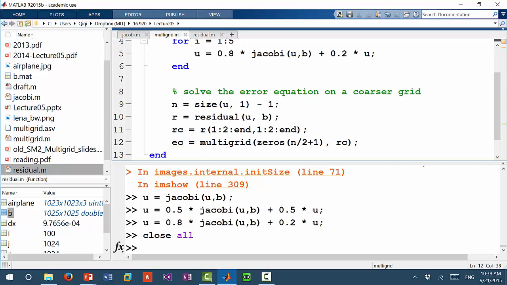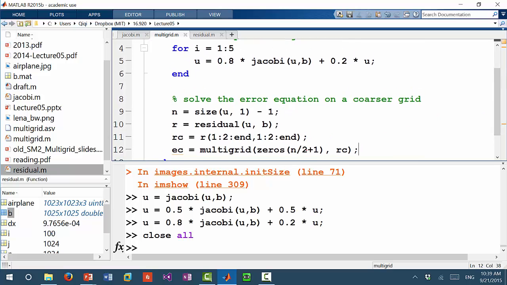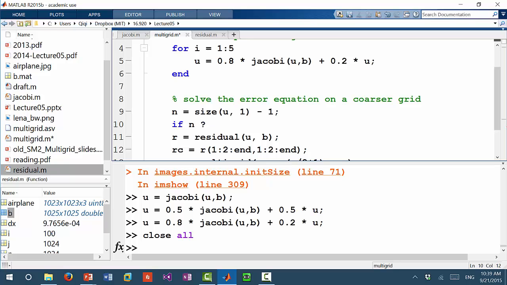All right. Does that always work? What if n is an odd number? Here, n is equal to 1024, right? But as I keep dividing by 2, I'm going to get 1 eventually. So I have to put an if n is greater than what?